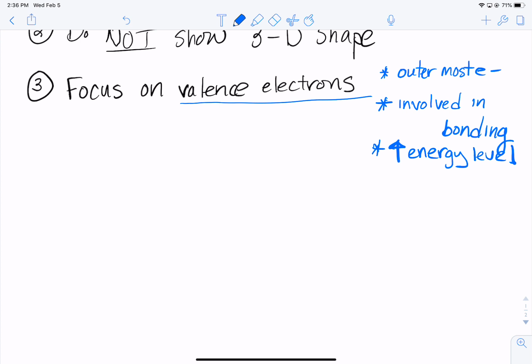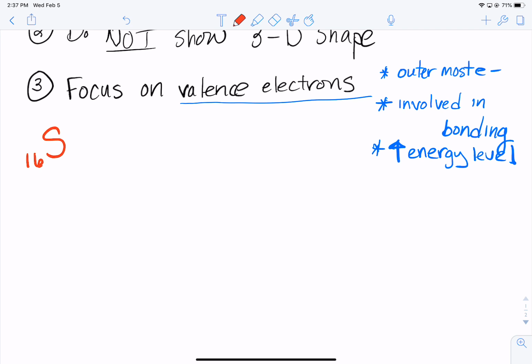Let's look at sulfur. Sulfur has 16 electrons. How do I know that? Sulfur is atomic number 16. Therefore, it has 16 protons, which means it has 16 electrons.